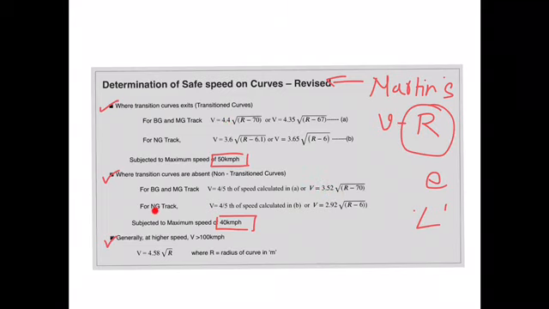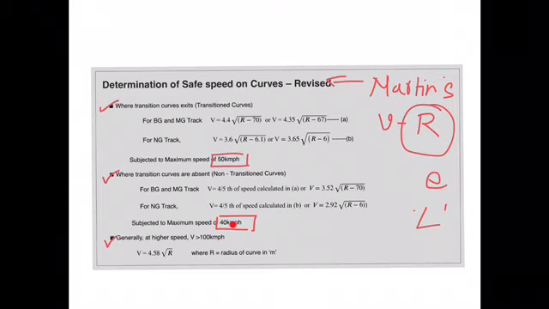Similarly for narrow gauge, it can be taken as 4/5 of the previous formula, 3.65, which gives you 2.92. And for these, the formulas will be valid only up to a speed of 40 kmph.